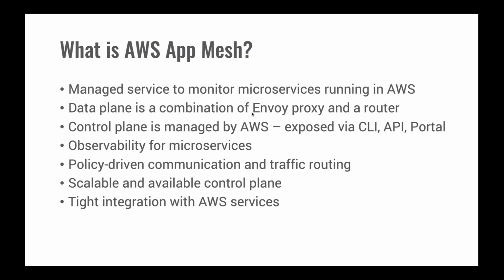So think of the communication pattern of App Mesh as a combination of a load balancer plus a firewall. Whatever you do with the combination of these two, you can pretty much do that with the App Mesh proxy, that is, the Envoy proxy and the router combination deployed as a sidecar. From now onwards, I'm going to call it a sidecar.